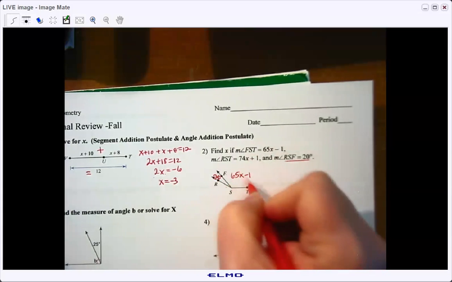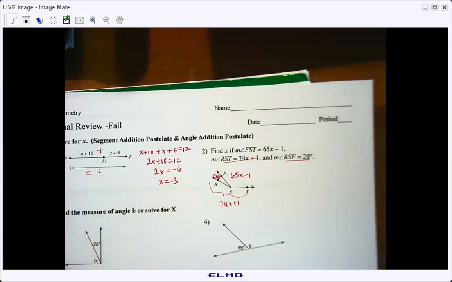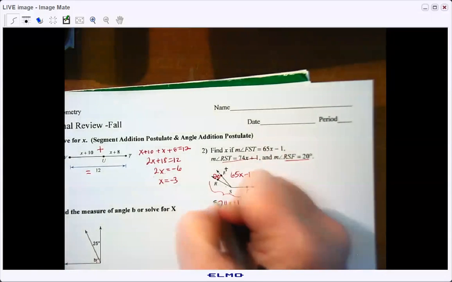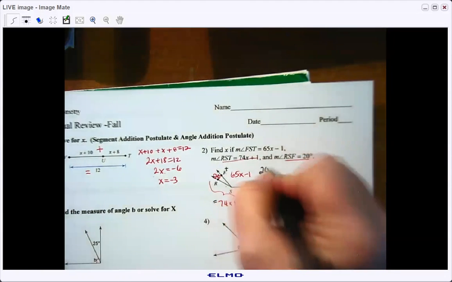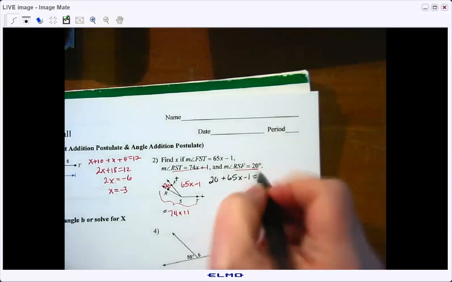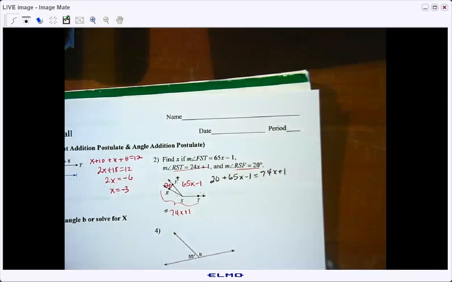And then RST, which is the whole thing, is 74x plus 1. Okay, so again, we have our angle addition, which means this angle plus this angle is equal to that angle. So 20 plus 65x minus 1 is equal to 74x plus 1. Go ahead and solve it.